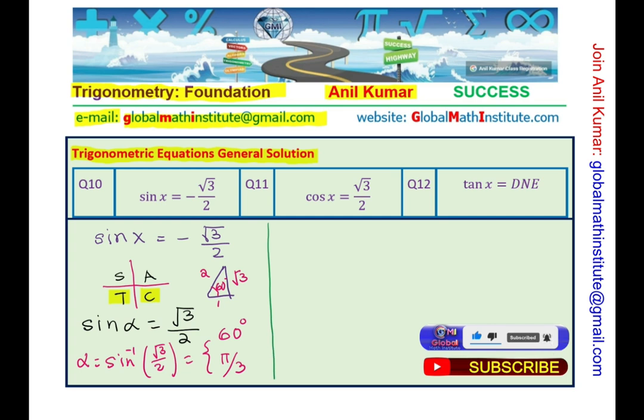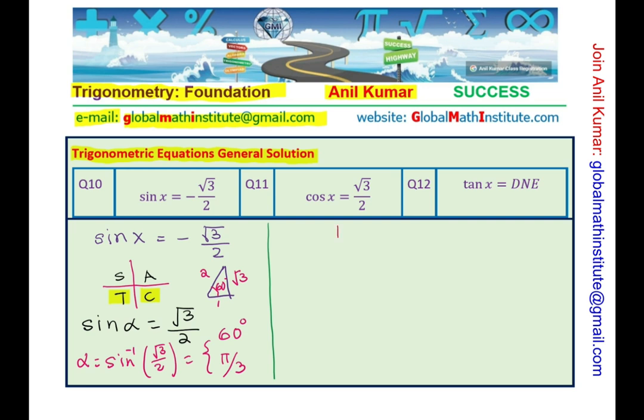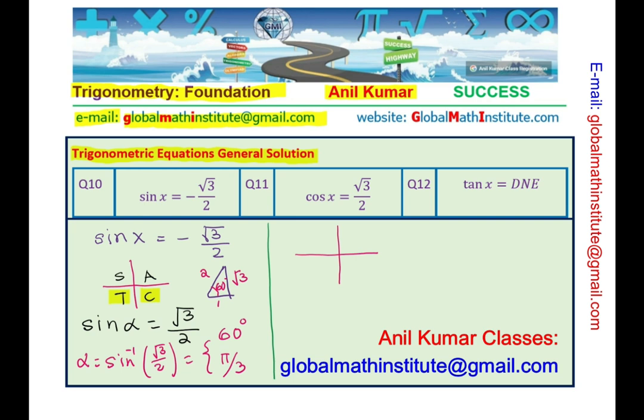Now we need to provide a general solution for sine. Let's try to analyze this situation. Once again, have a look at it. We're looking for two solutions, one of them being right there, and the other one there. The related acute angle is pi by 3.